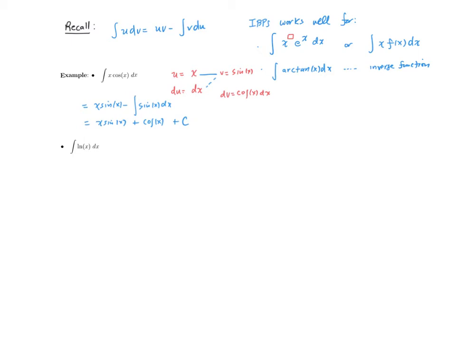For the next example, natural log of x, it's no surprise that we are going to use integration by parts because that is our topic of interest. But note, this falls into the second category I mentioned previously. Integration by parts can be used to integrate inverse functions.